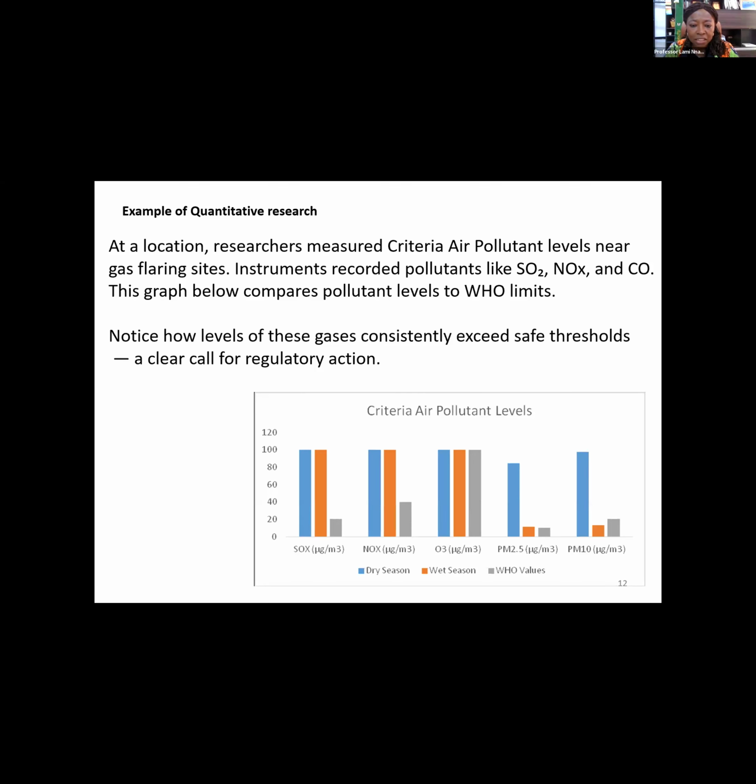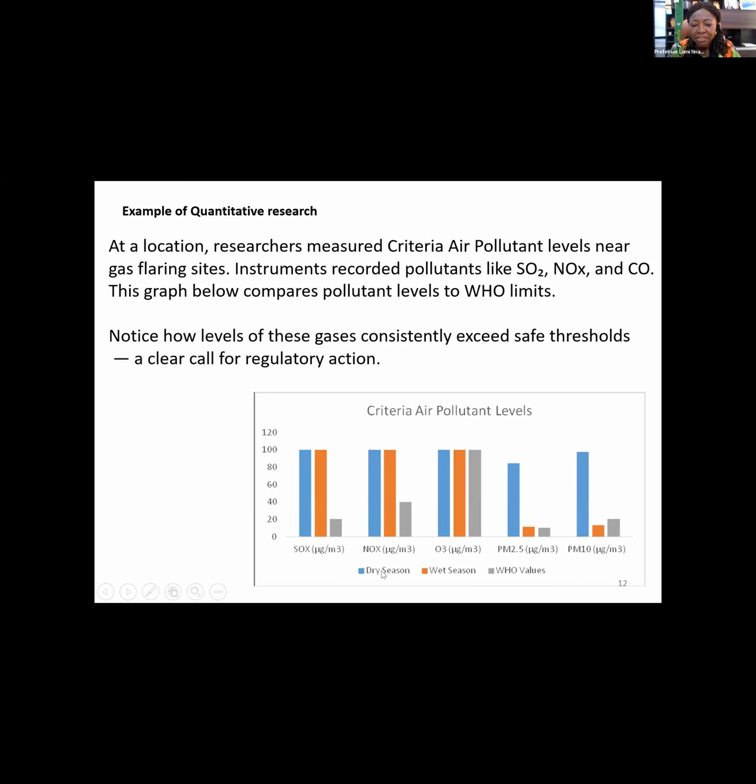So let's look at this graph below. You can see the sulfur oxides, SOX. X means oxides. It can be SO2, SO3, okay? So the sulfur oxides are high there. And then, of course, the nitrogen oxides are there. And then the ozone, okay?